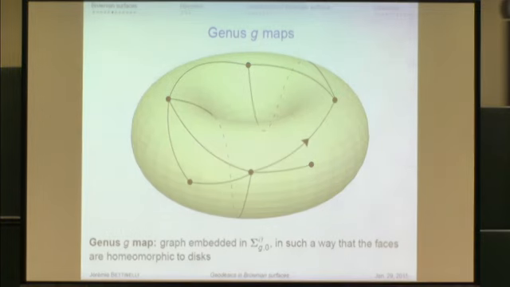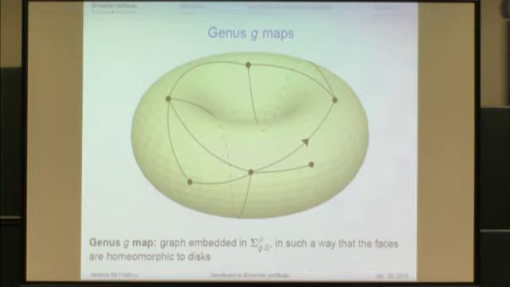Gregory just introduced very briefly in his first lectures, I think, the maps on arbitrary surfaces. But as nobody talked about it, I will recall the definition. You have a graph embedded in a surface. Right now I don't have any holes, so it's just either the sphere or the torus, the double torus, and so on.